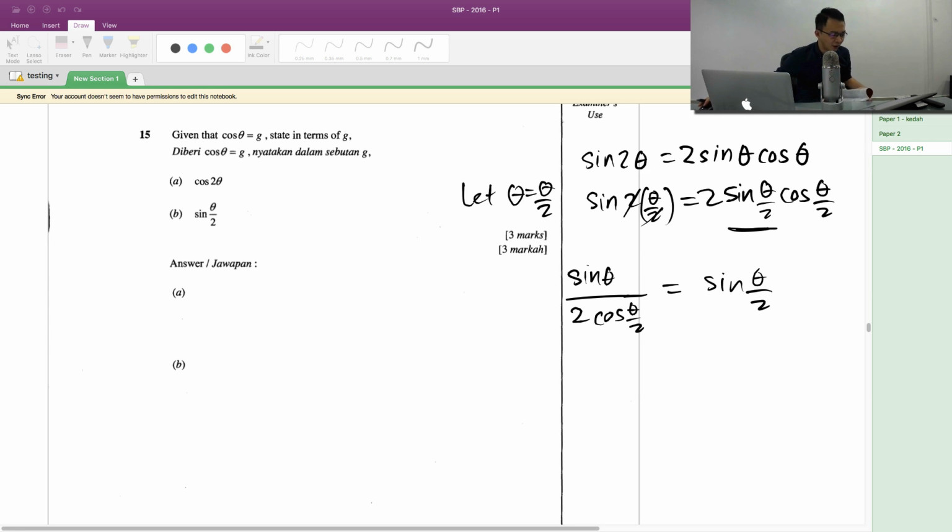Since we know cos theta equals to... how do we do that? Yeah, we shouldn't choose that one, because if we choose that one, we actually make things look quite hard.